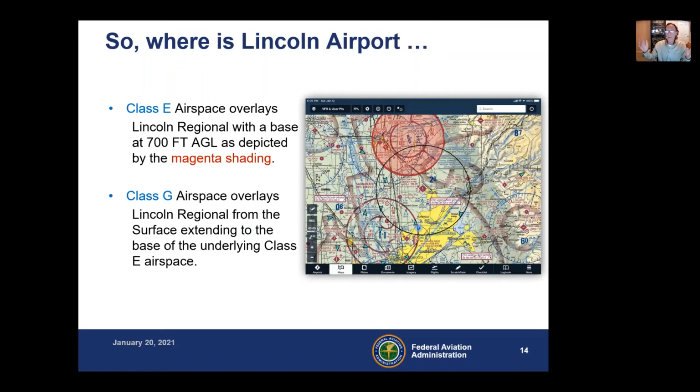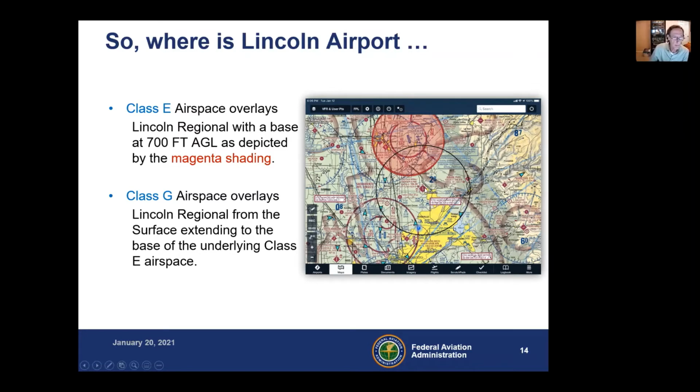So, where's Lincoln Airport? Pilots flying within Class Echo airspace must also comply with 91.126, the same as the previous slide, like I said. But Lincoln is in Class E airspace and Class G airspace. Class E overlays Lincoln Regional with a base at 700 feet AGL as depicted by the magenta shading.